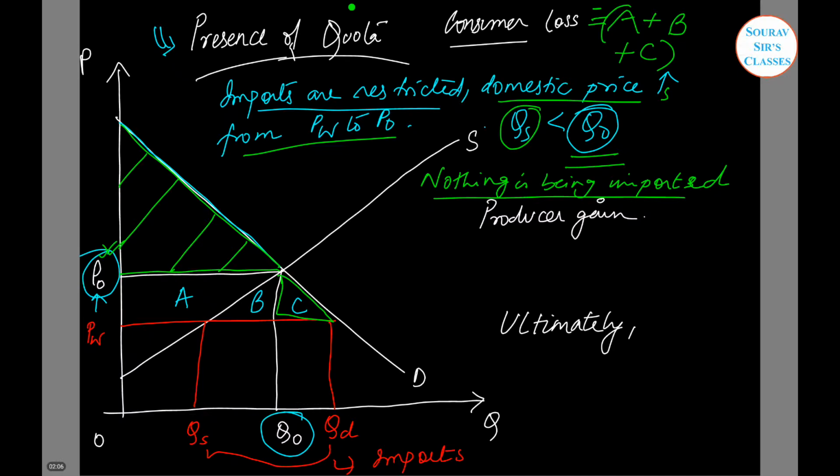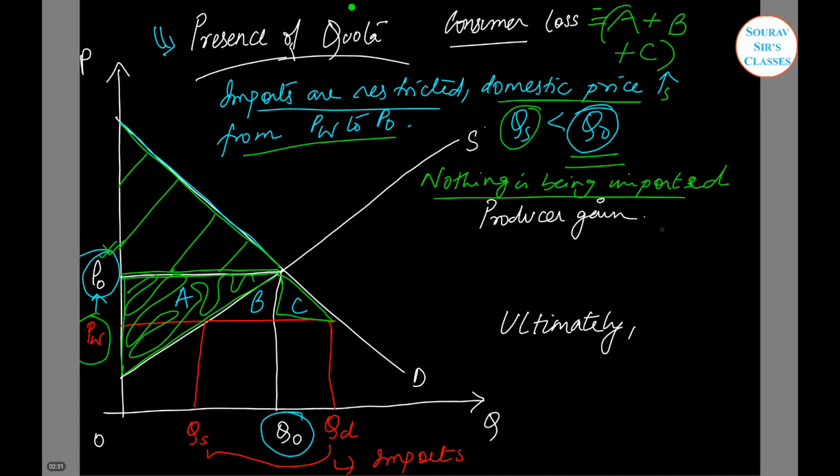Now producer is gaining. Earlier the price was PW, now it has been increased to P0. So producer surplus is actually the area above the supply curve and below the equilibrium price. That means this is the producer surplus.